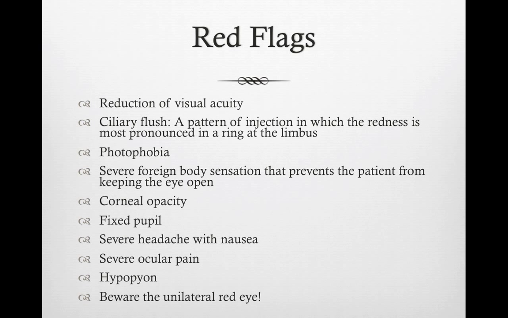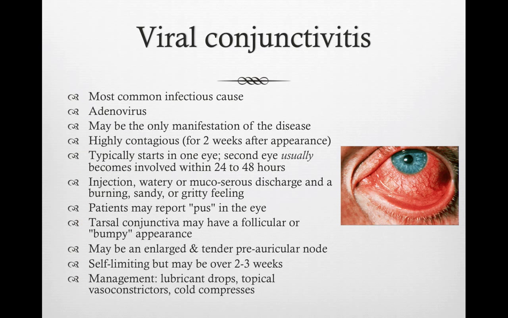You'd be wanting to refer fairly quickly. Severe headache with nausea, another indication possibly glaucoma. Severe ocular pain, again, could represent glaucoma. Hypopyon, and just the usual caveat with this, just beware the unilateral red eye, and that comes from the Royal Victorian Eye and Ear Hospital's 35 Golden Eye Rules document.